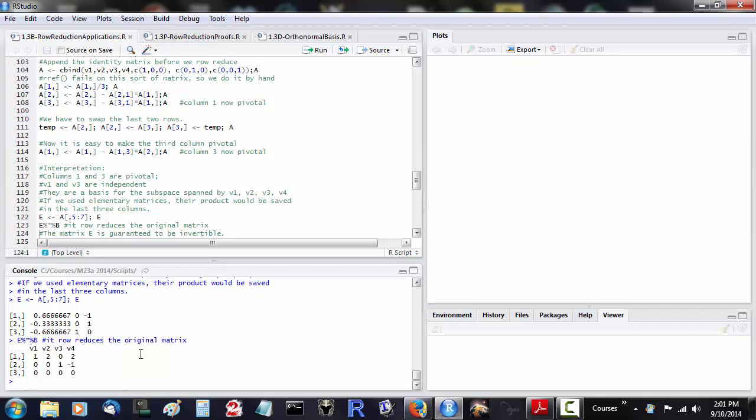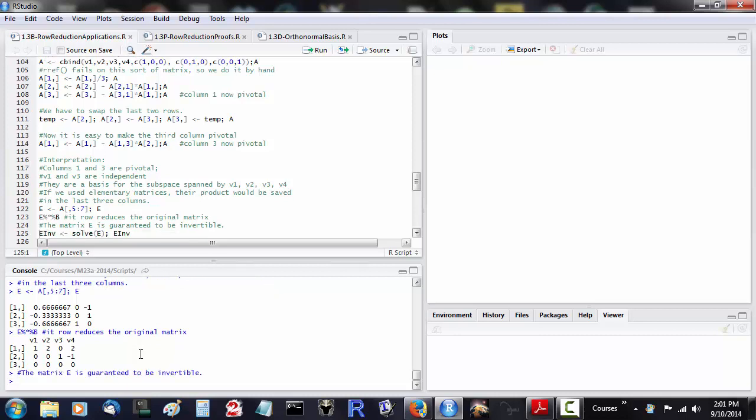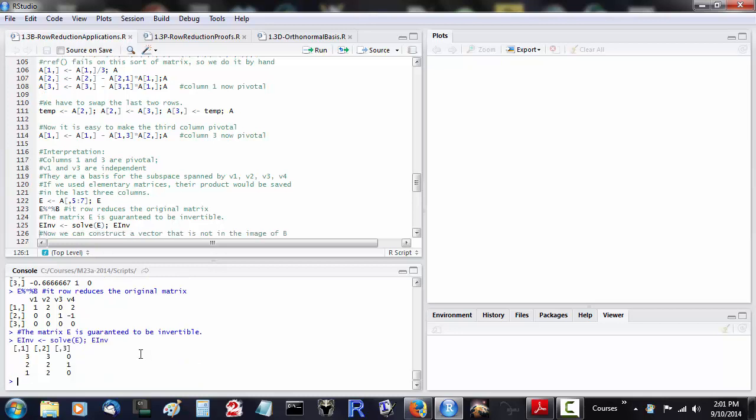We can check that. If I apply it to the matrix B, it row reduces the original matrix. E multiplied by B is in echelon form. But remember, the matrix E is a product of invertible elementary matrices, so the matrix E itself is guaranteed to be invertible.